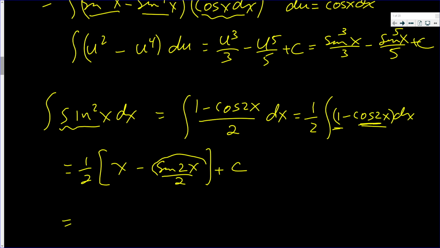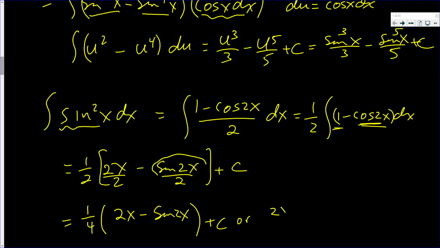If you like, you can double this and that, and then factor out a quarter. And you'll have 2x minus sine 2x plus c, or 2x minus sine 2x all over 4.